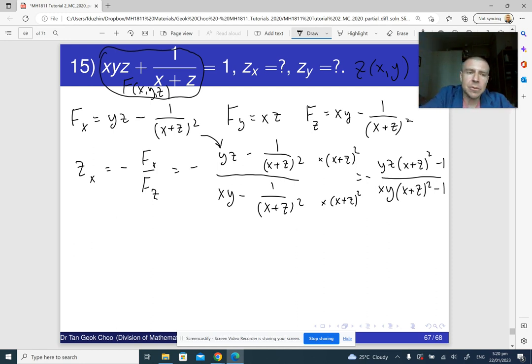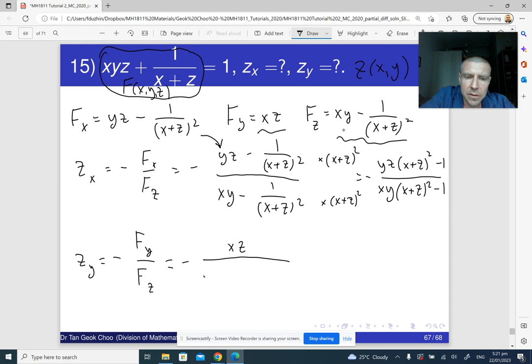Okay, and now we will do z y in the same fashion, so it's going to be minus fy divided by fz, which is minus. Now I'm going to copy fy, which is just xz divided by fz, and again, this is my fz, xy minus 1 over x plus z squared.